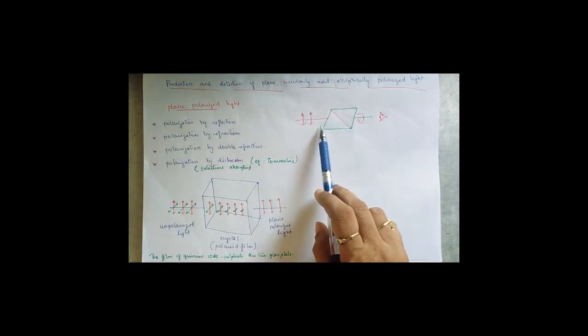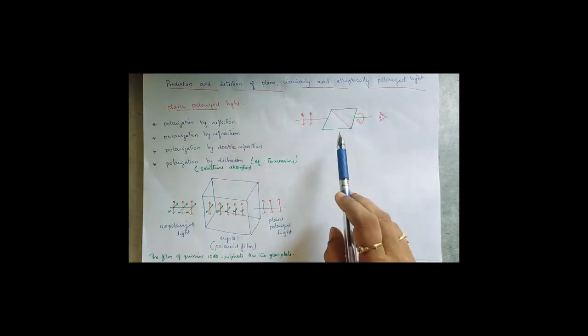Now we just rotate this nicol prism about the incident ray as axis. Definitely there is a variation of the intensity of light emerging from the crystal, or emerging from the analyzer.